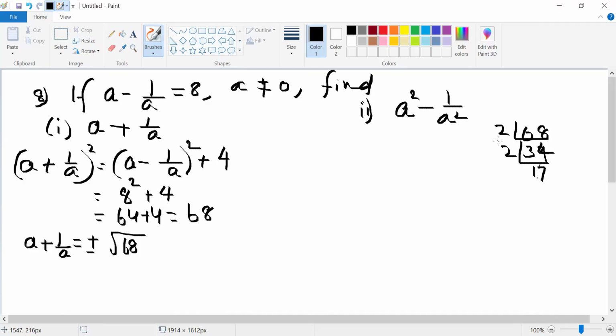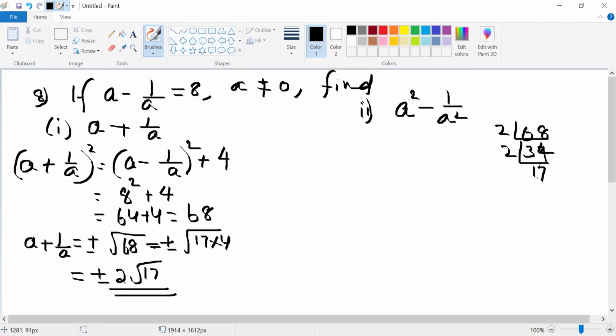So that's only possible. So 17 into 4 we can write, right? So I can write plus or minus root of 17 into 4, and the root of 4 is 2. So plus or minus 2 root 17.